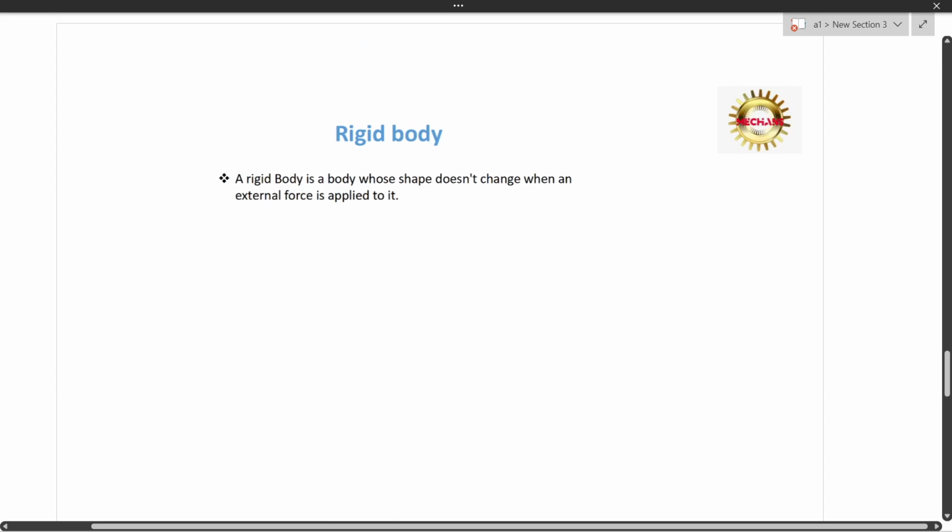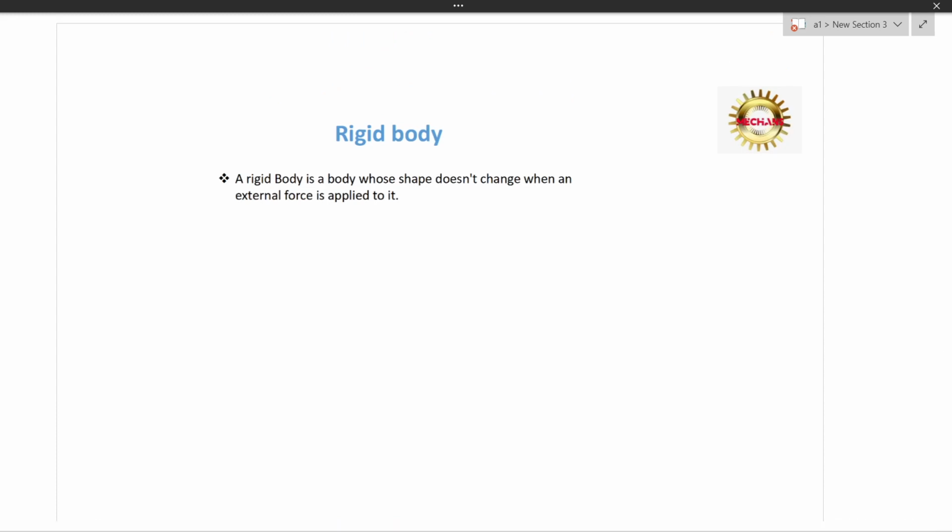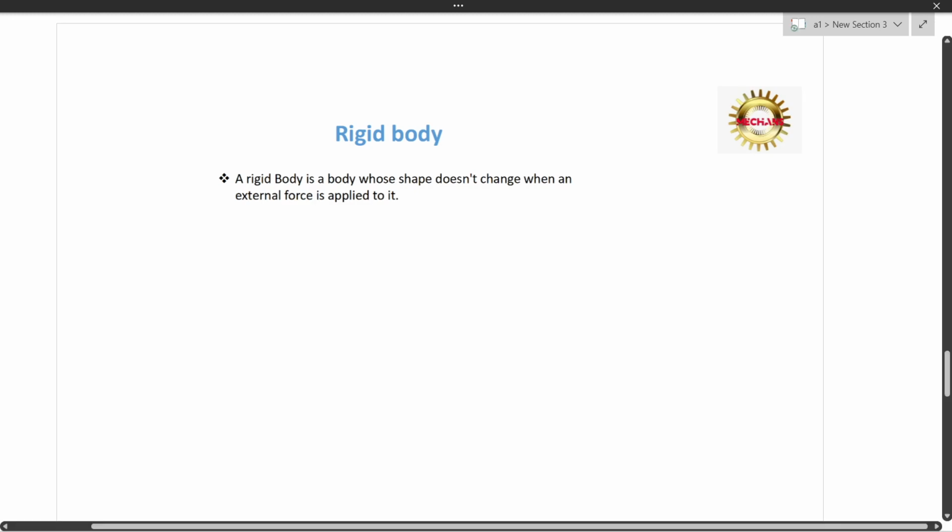So next we are going to see the rigid body. We already discussed it in a previous video. A rigid body is nothing but a body that retains its shape when external forces are applied to it. You can take examples like crankshaft, bearing, piston; they retain their shape. There might be a negligible deformation, but we don't consider that negligible deformation.